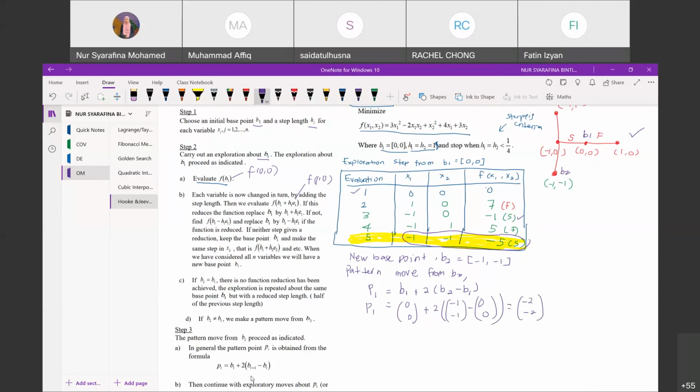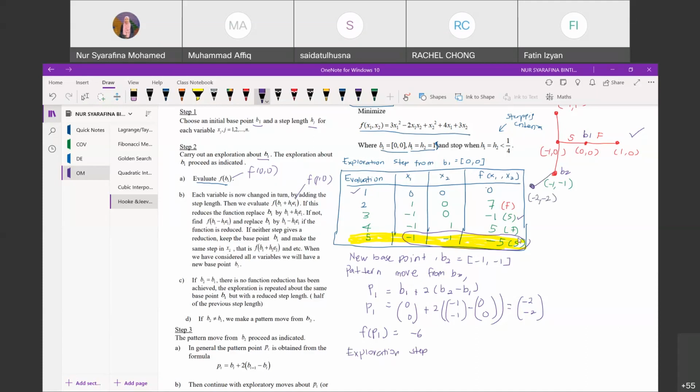Where FP1 is minus 6. Now we should explore again, your next exploration step. So it is moved from minus 1, minus 1 to minus 2, minus 2.